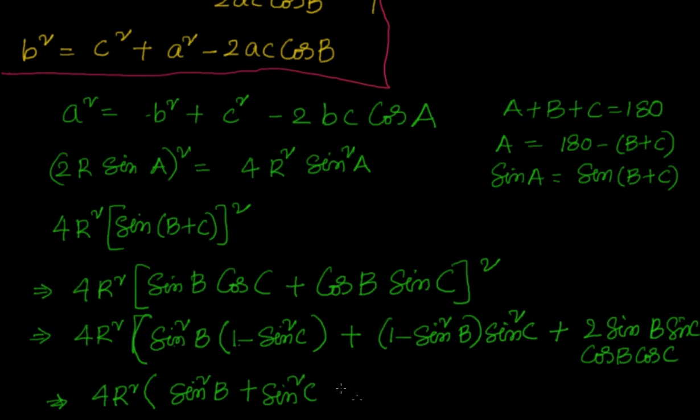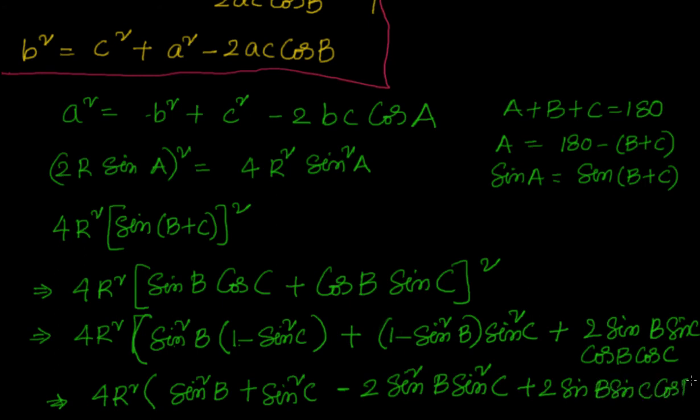I will write it as minus 2 sin square b sin square c plus 2 sin b sin c cos b cos c.